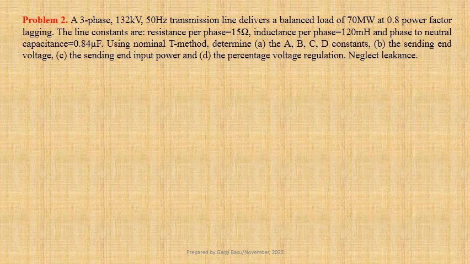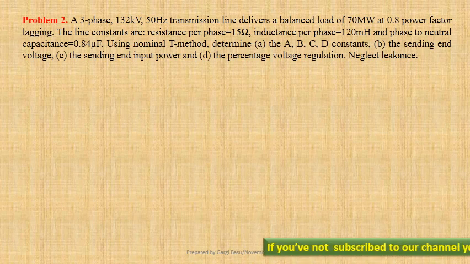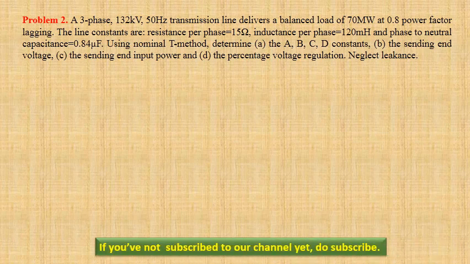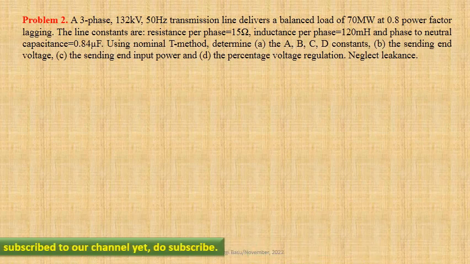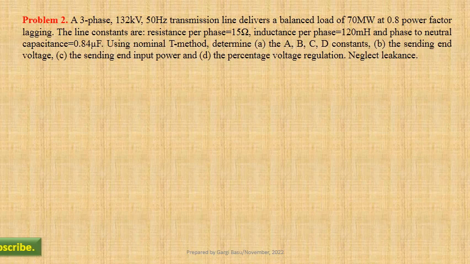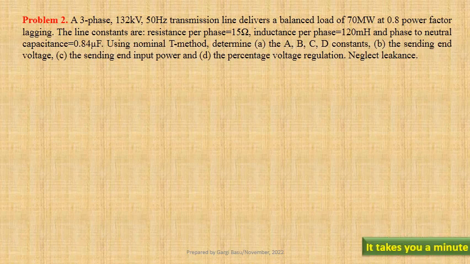A three-phase 132 kilovolts 50 Hz transmission line delivers a balanced load of 70 megawatts at 0.8 power factor lagging. The line constants are resistance per phase equals 15 ohm, inductance per phase equals 120 millihenry, and phase to neutral capacitance equals 0.84 microfarad.